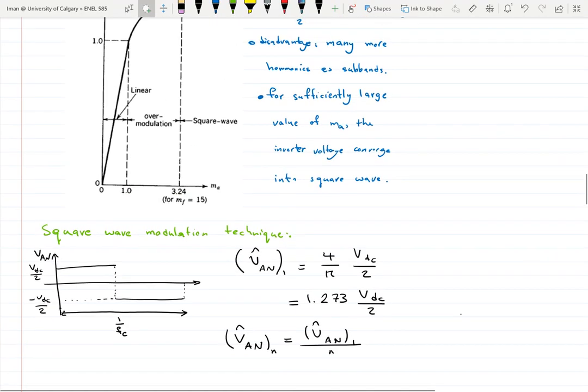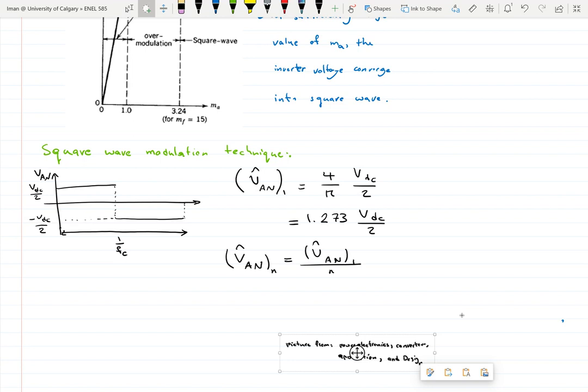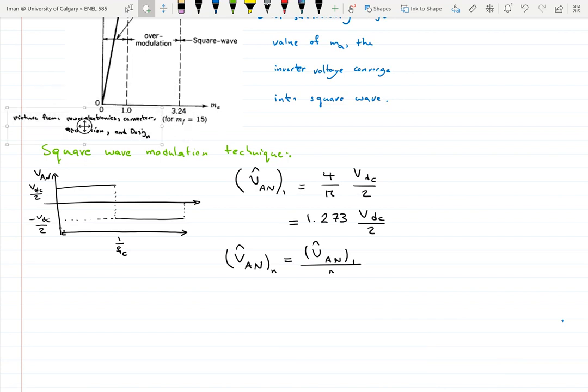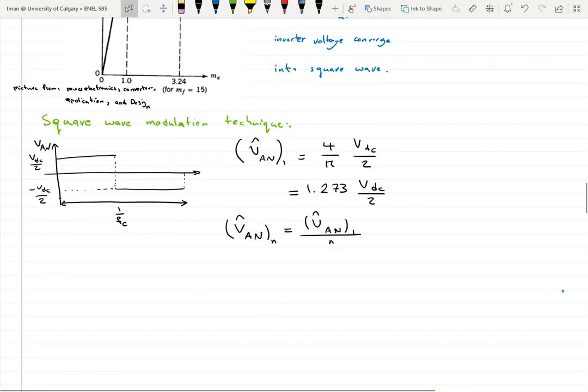Okay, so I forgot to mention here that this photo also is from Power Electronics: Converters, Applications and Design by Mohan. And okay, so let's get back to the square wave modulation technique. What is its advantage?